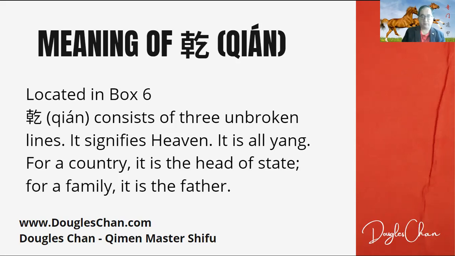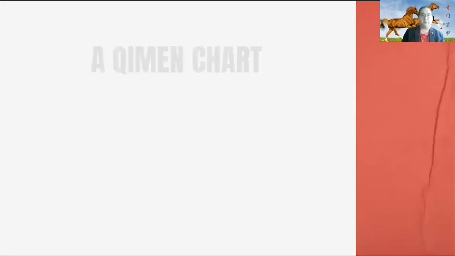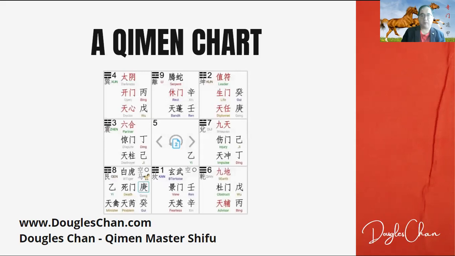But of course, remember that in the concept of yin and yang, in every good there's bad, and in every bad there's good. So when it is all yang, it doesn't mean that it's all good. It also depends on how you apply it in the situation. Okay, let us go back to the Qimen chart itself.